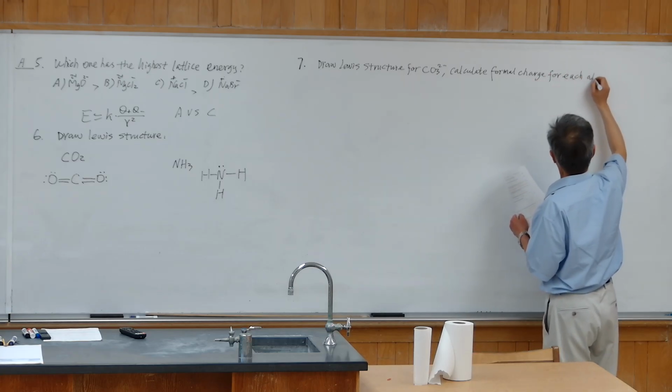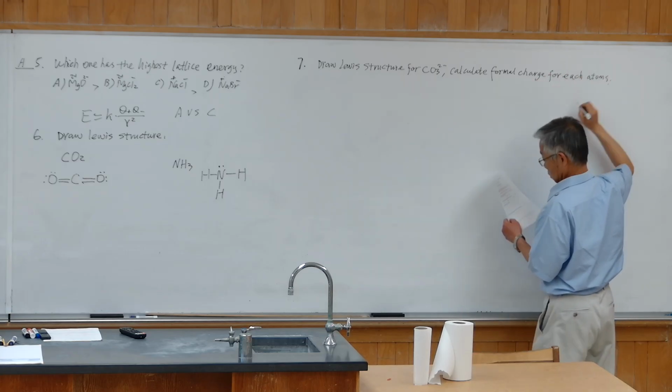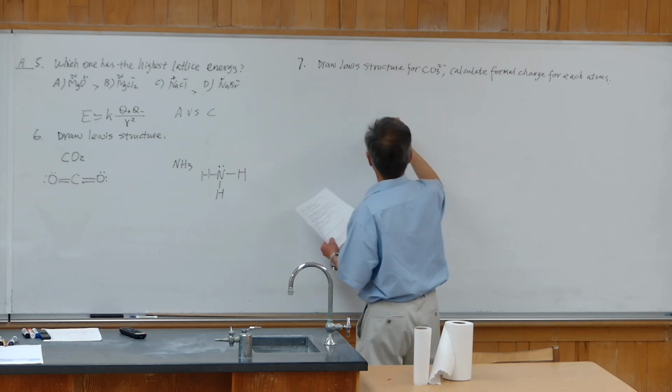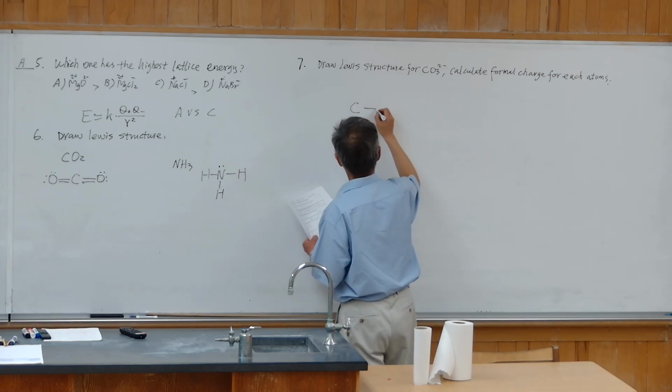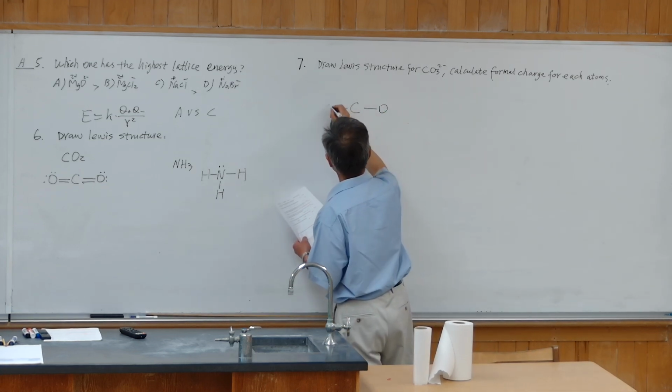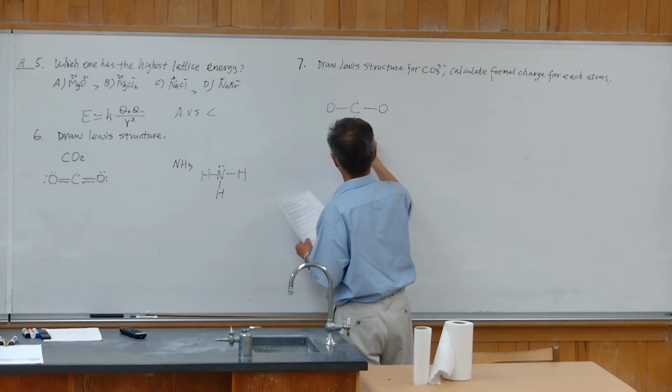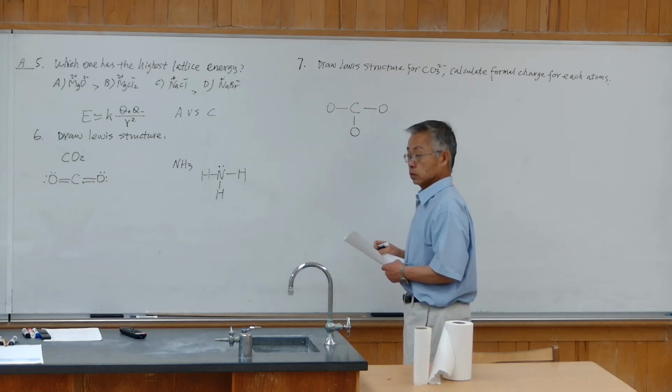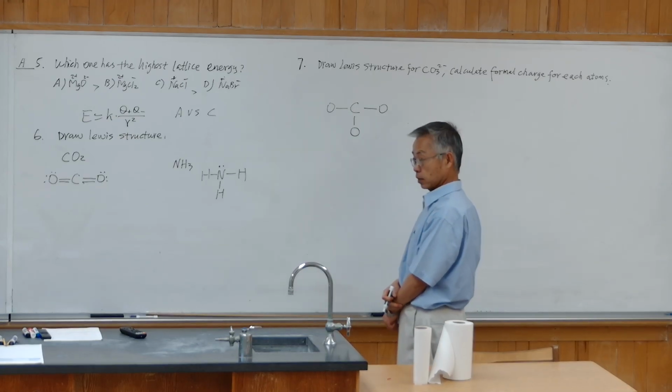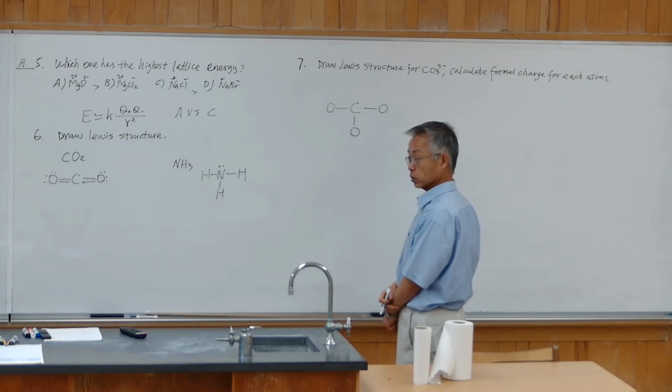For each atom, carbonate is a carbon surrounded by oxygen. Carbon in the center, surrounded by 3 oxygen.